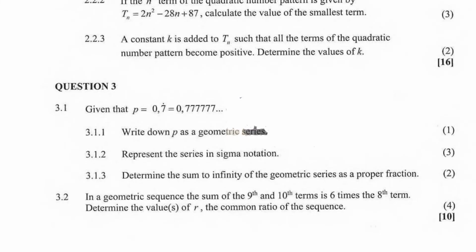3.1.3, determine the sum to infinity of the geometric series as a proper fraction. Right, so here we are supposed to determine the sum to infinity of this geometric series. Let us write again what we know. We know that a is equal to 0.7, and we know that r is equal to 1 over 10 or 0.1.